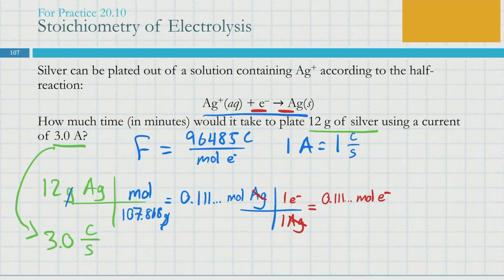What does have moles of electrons in it though is our Faraday's constant. It's got moles of electrons down here on the bottom. If we multiply the moles of electrons that we have by Faraday's constant, that will give us an amount of charge in coulombs.